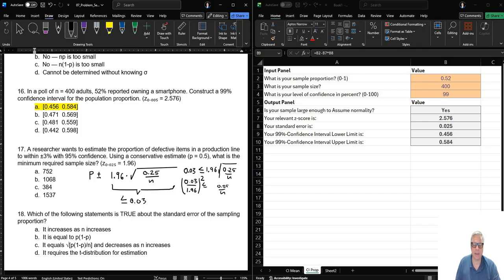Then I just cross multiply, and I get n needs to be, if I put it on the other side, 0.25 divided by 0.03 over 1.96 squared.